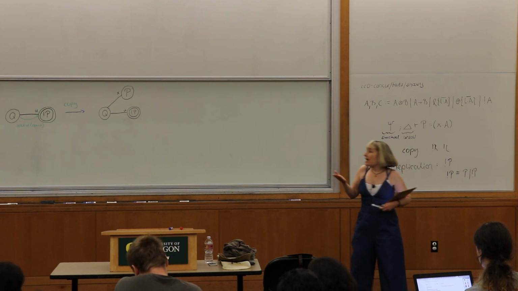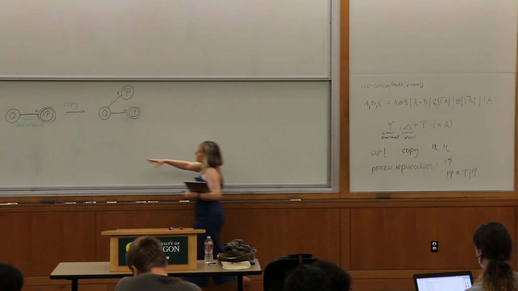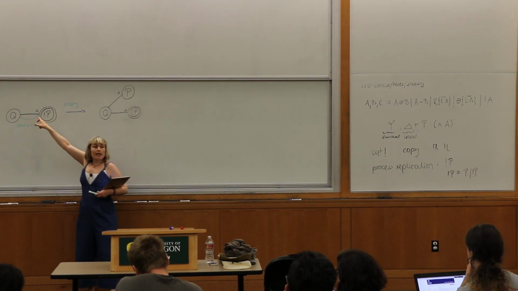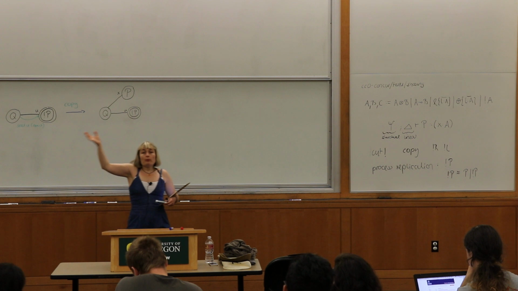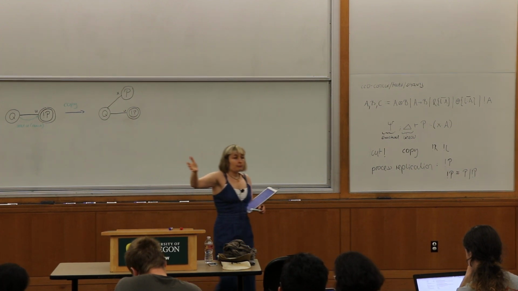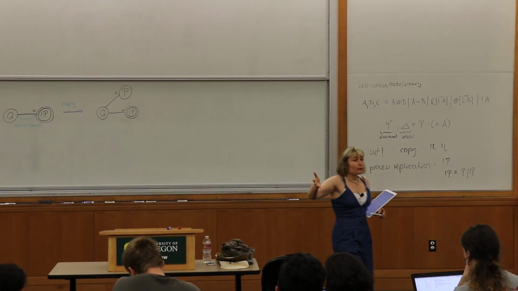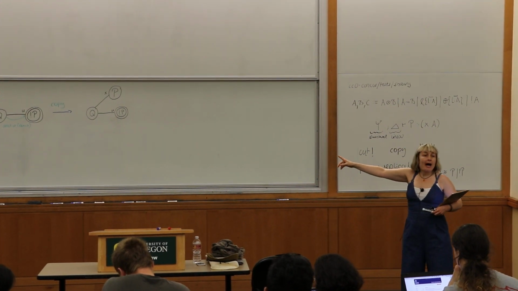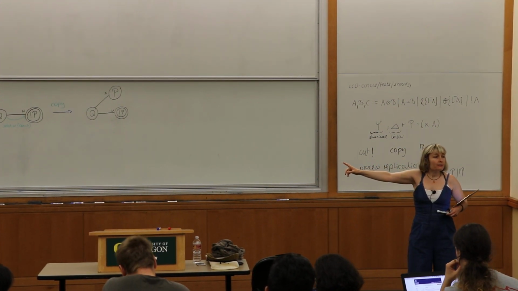So think, for example, of P being a queue, and we want multiple consumers and producers that interact with that queue. Obviously by using bang, we don't get what we need.